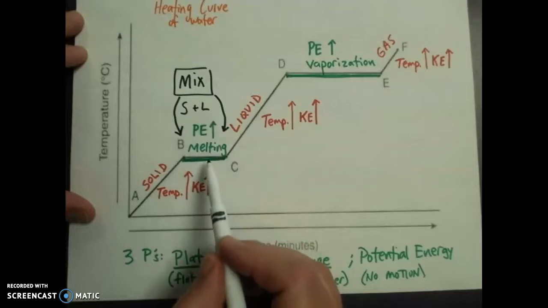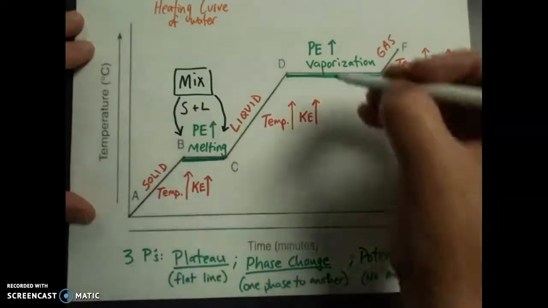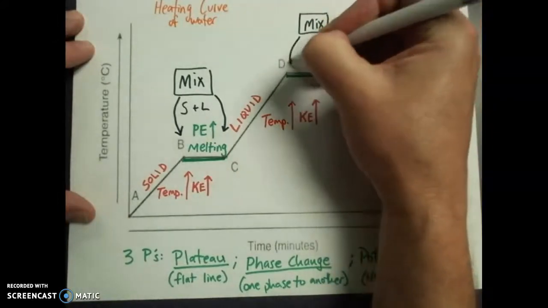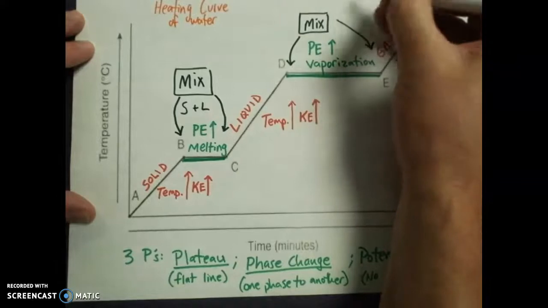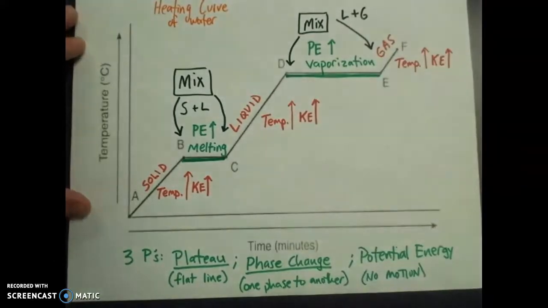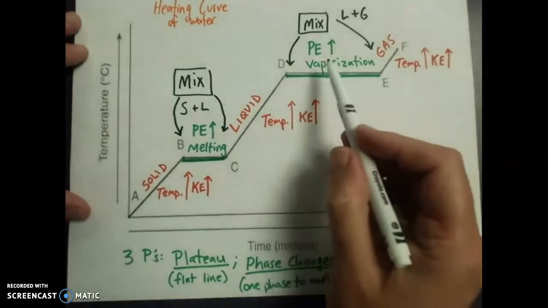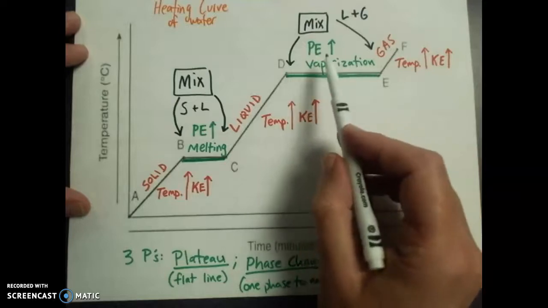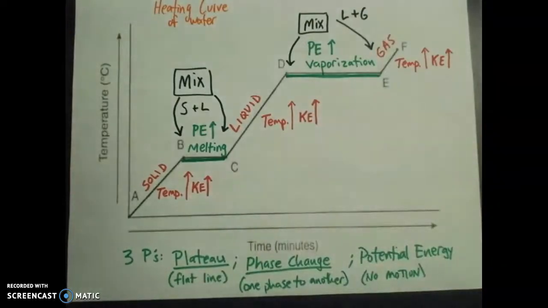That's the melting phase, the change from solid to liquid. Right here is another mix. Liquid and gas. So in this area here, this plateau, this potential energy is changing the liquid to the gas.